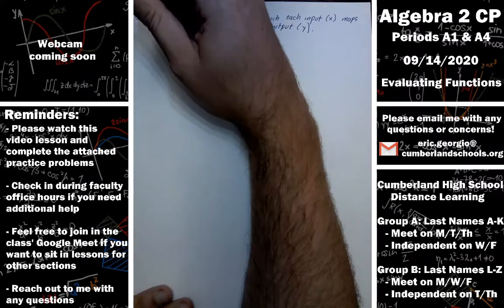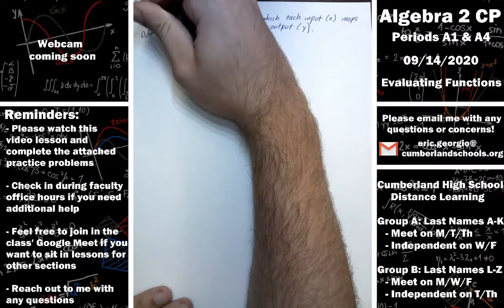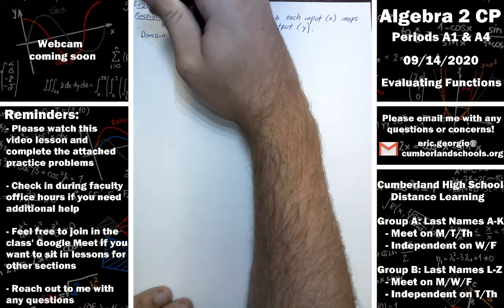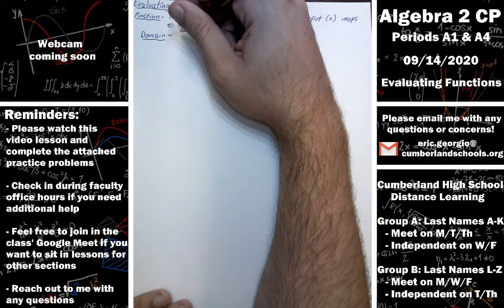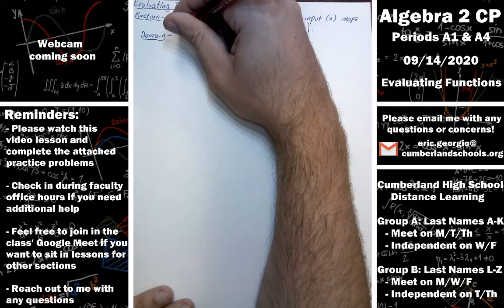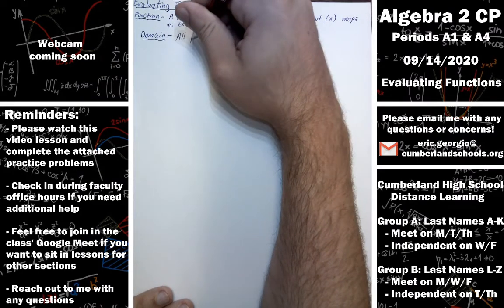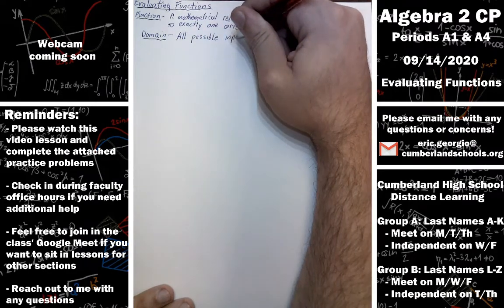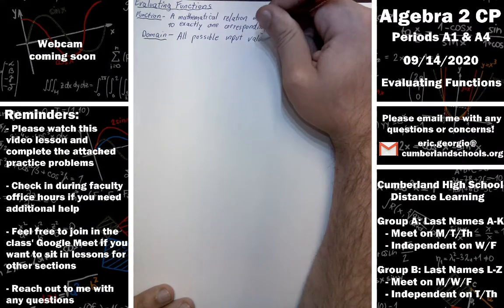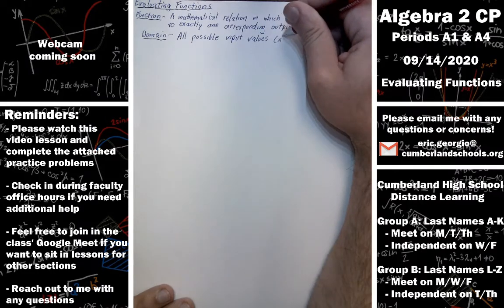Those input values specifically are referred to as these words that you may have seen before, the domain and the range. We're going to talk a lot more about domain and range next class, but the domain refers to all possible input values for a particular function, and again, those are x's.